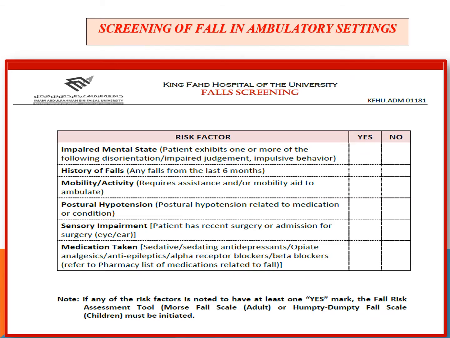The Hospital 7th edition JCI Manual Update on Fall Assessment stated: all ambulatory patients should be screened to identify who are at risk based on the fall screening criteria.